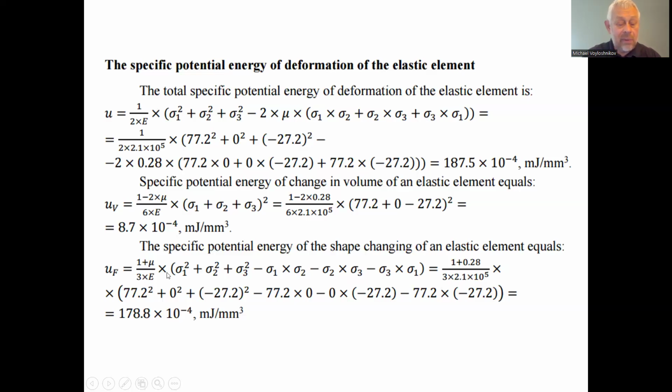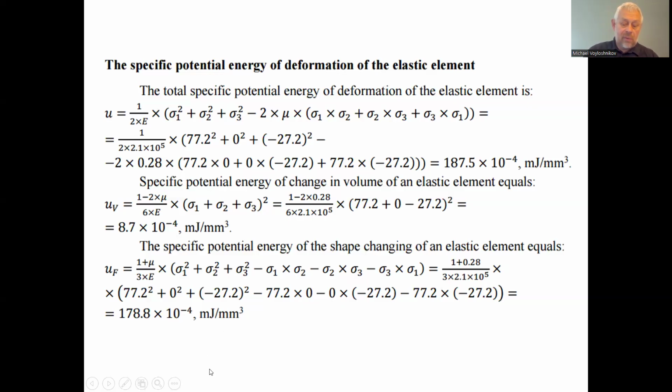7.5. As I remember, this is the formula after substitution of the magnitudes. Here we substituted the Poisson's ratio and the modulus of elasticity. The 3 came from the formula for the specific potential energy spent for change of the shape. After the substitution, we find it is 178.8 × 10^-4 millijoule per cubic millimeter.